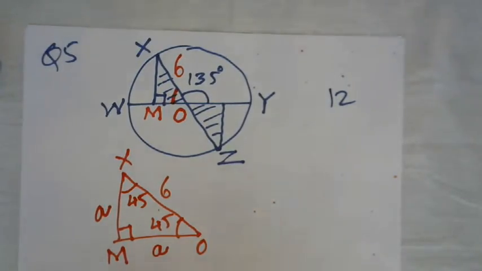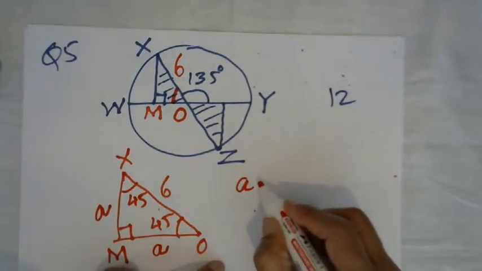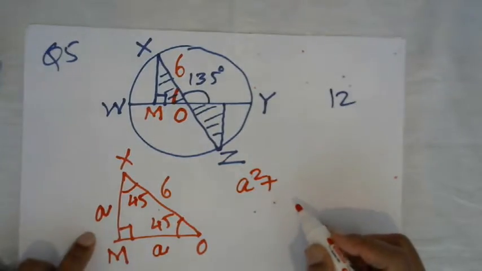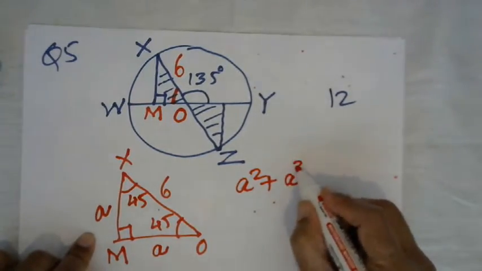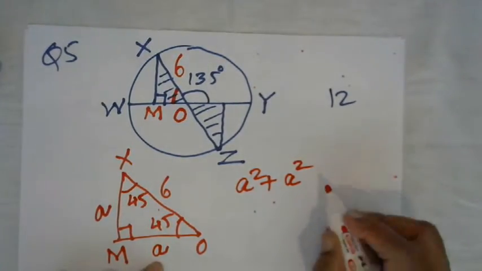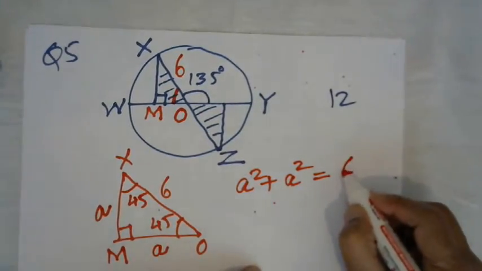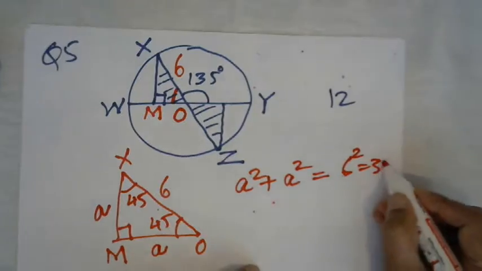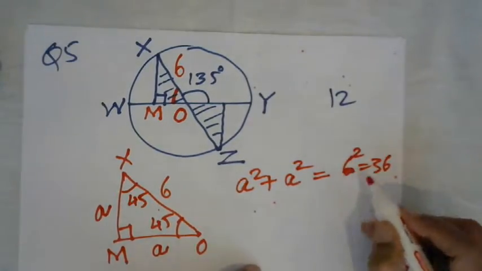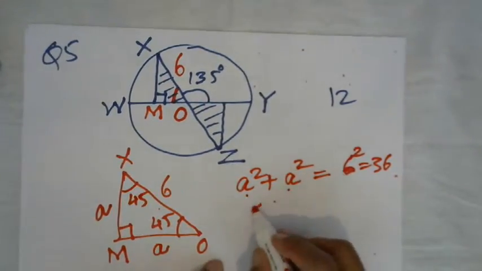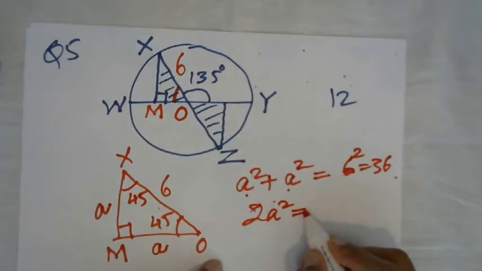Using the Pythagoras theorem, we can say that A square, perpendicular square, plus base square, A square, is equal to the square of the hypotenuse, which is 6 square or 36. Now A square plus A square is 2A square is equal to 36.